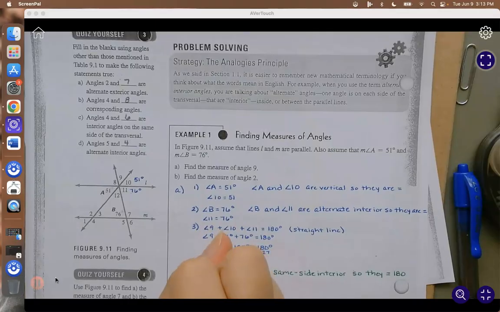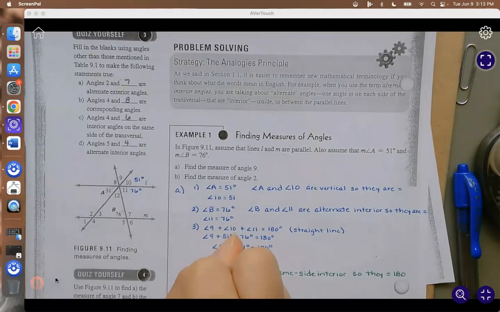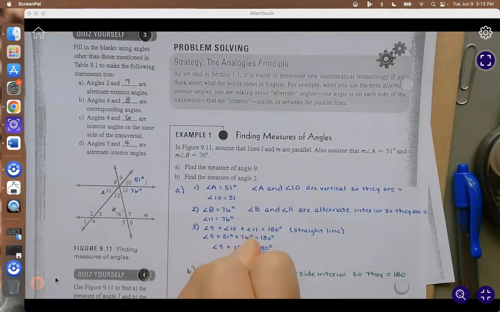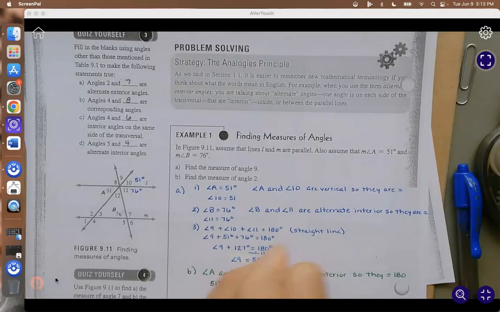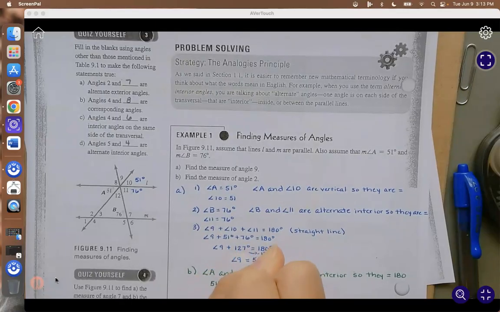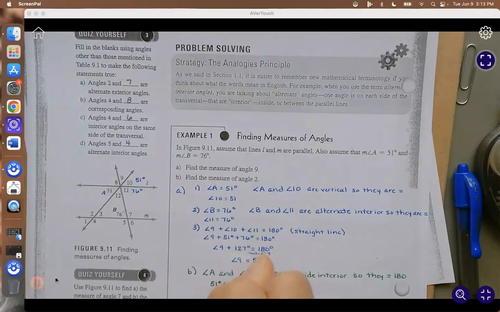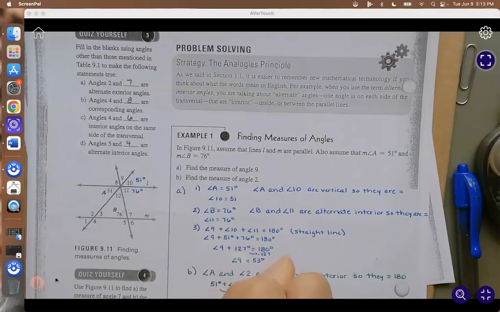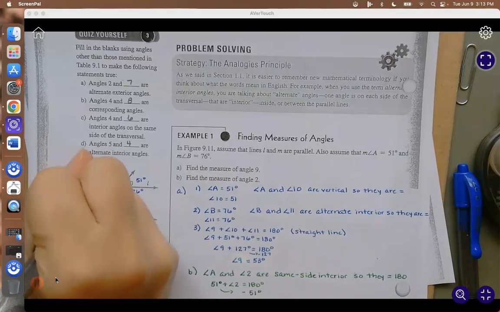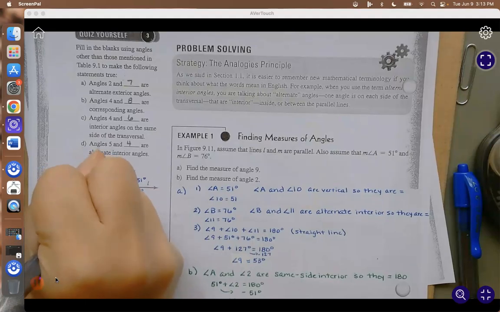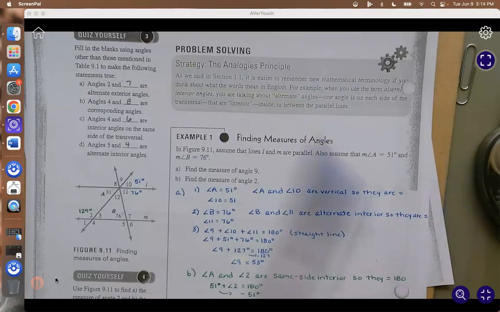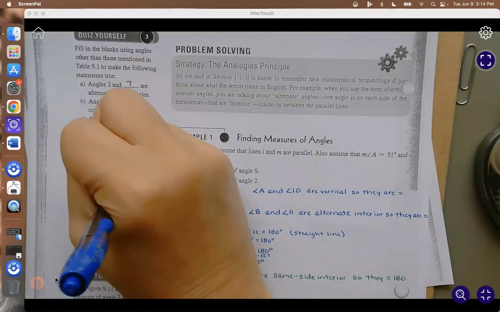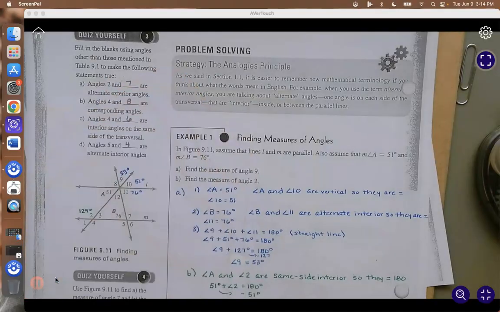So I know that A is 51 plus angle 2 gives me 180. So when I subtract the 51, angle 2 is 129 degrees. Okay, and I'm going to put this as 53.